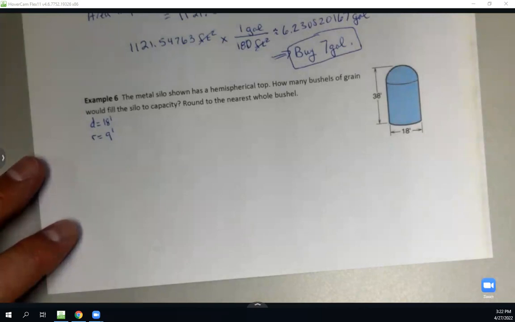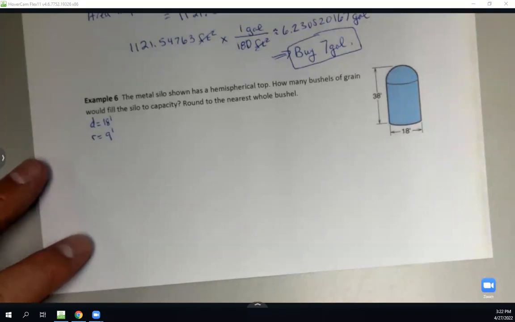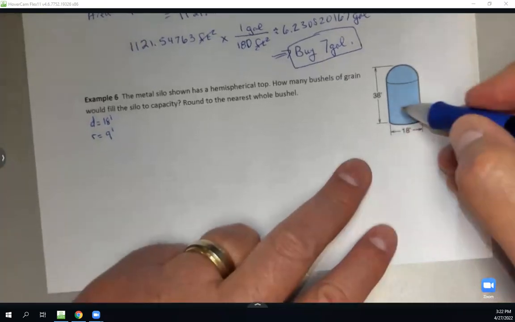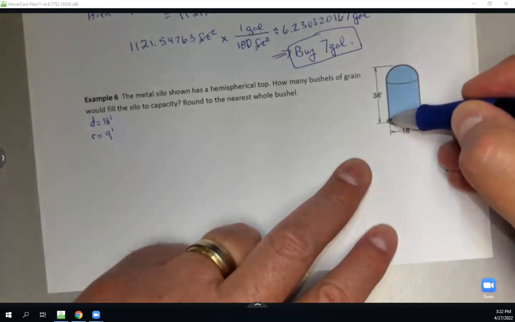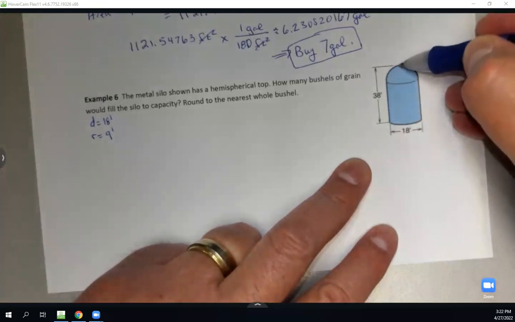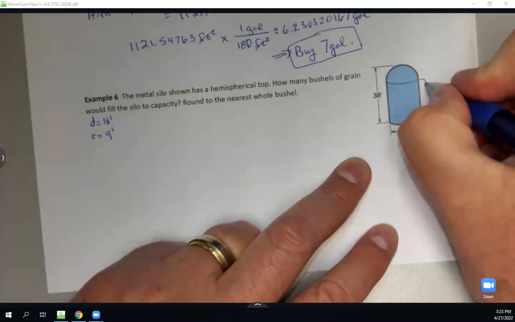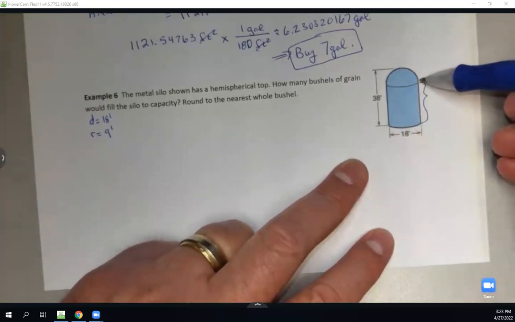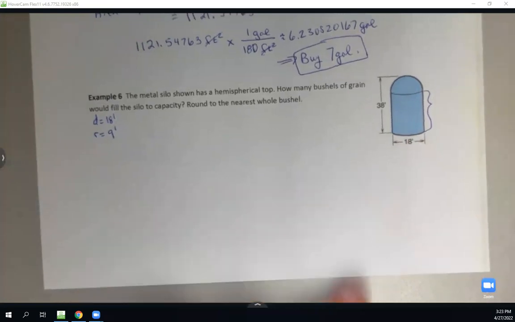So if I asked you how tall is the cylinder part? So in other words, the 38 feet goes all the way from the bottom to the tip top of the hemisphere. If I just went to the top of the cylinder, how high is that?